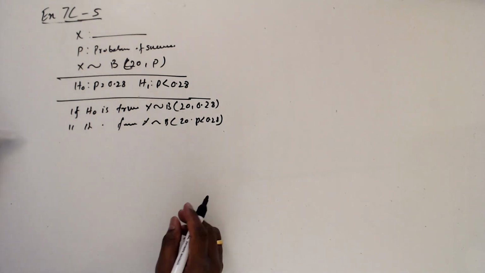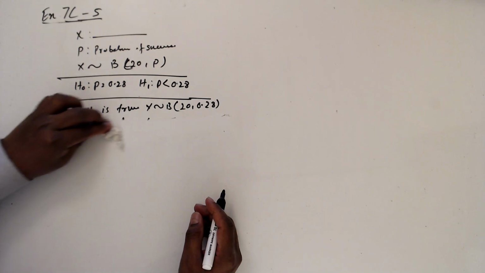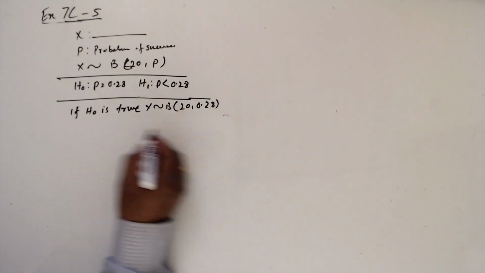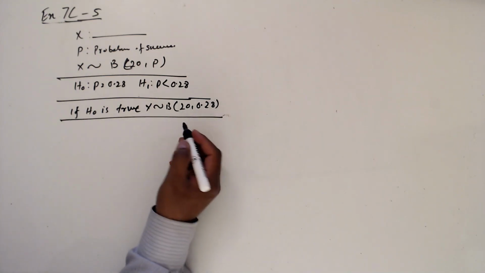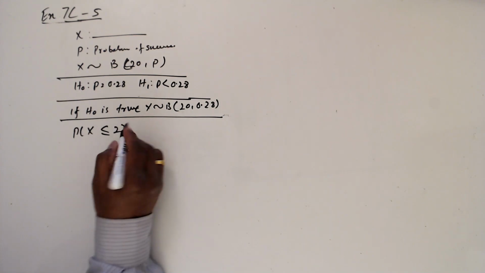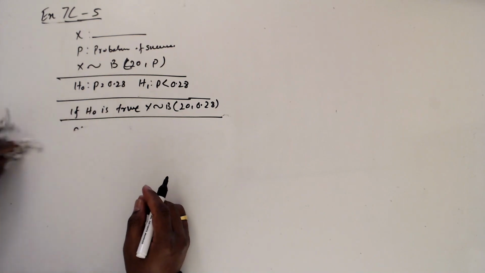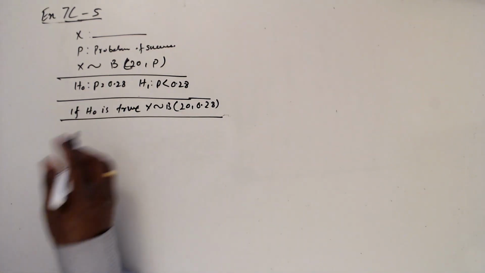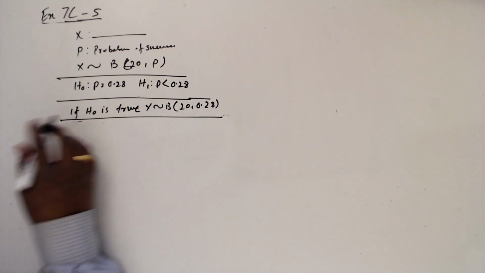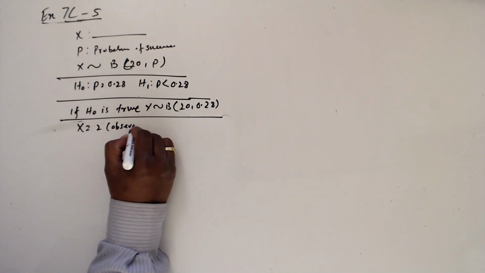So this is the idea behind it. We don't write that; I wrote it to explain it to you. So if H naught is true, then the probability of X less than or equal to the observed value. So X equals 2 is the observed value.